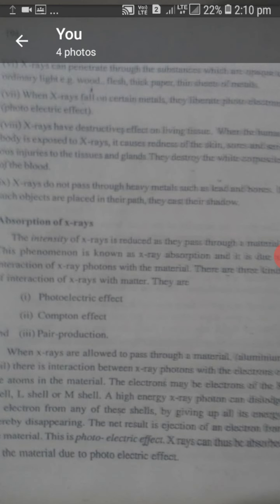The next is absorption of X-rays. Absorption means that when X-rays are passed through a material, the intensity of the X-ray gets reduced. This phenomenon is known as absorption of X-rays. There are three kinds of interaction of X-rays with material: photoelectric effect, Compton effect, and pair production.